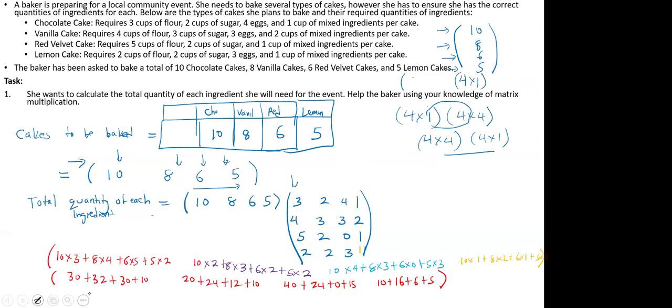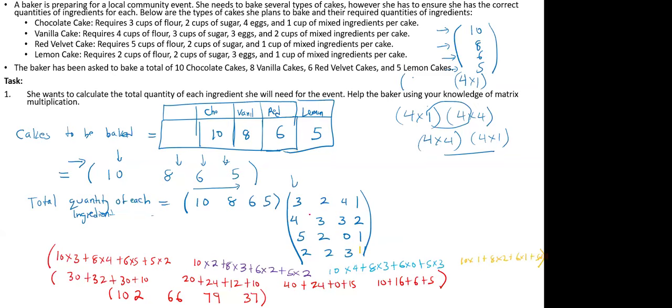So when you add 30 plus 32 plus 30 plus 10, you'll end up with 102. Then 20 plus 24 plus 12 plus 10, we end up with 66. Then 40 plus 24 plus 15, you end up with 79. Then 10 plus 16 plus 6 plus 5, you end up with 37. So those are the quantities needed for each item.